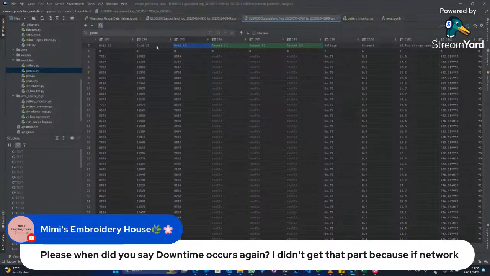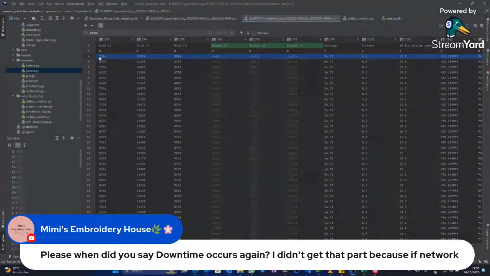You will notice that whenever the grid is active, for example here we have 7,900 watts at row 4, grid line 1, the genset is always off. These null values just infer that the genset is not operational.